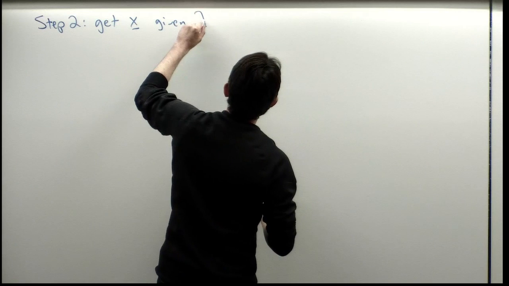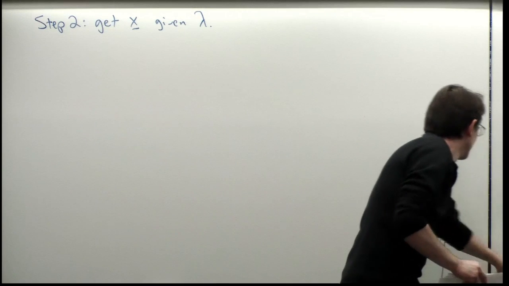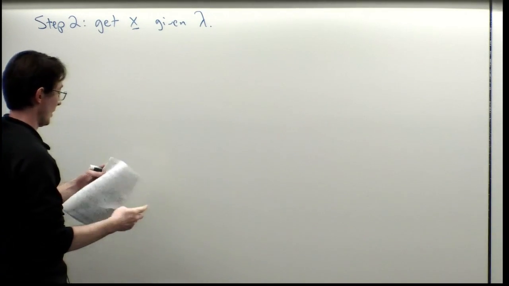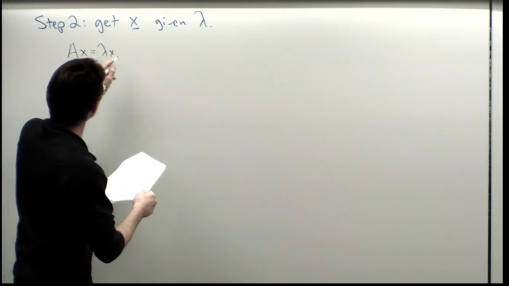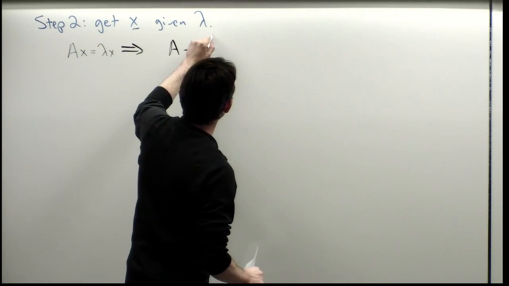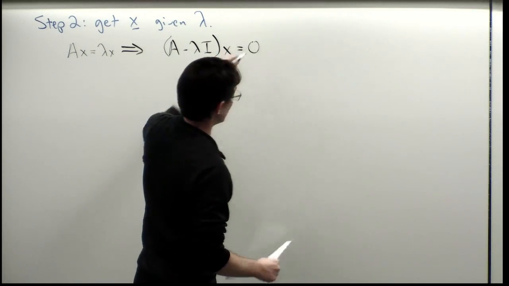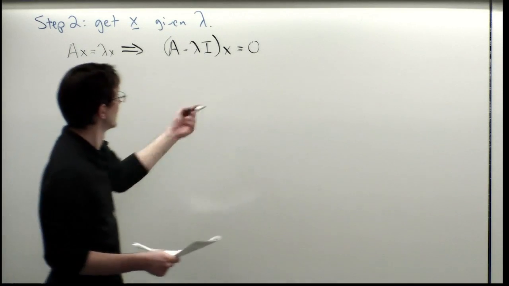And once I have lambda, it's pretty simple. Step 2: get x given lambda. Right, so our system of equations is Ax equals lambda x. And we're going to say this is really (A minus lambda I) x equals 0. And we're just going to plug in lambda and solve for x. Okay? Solve for x.